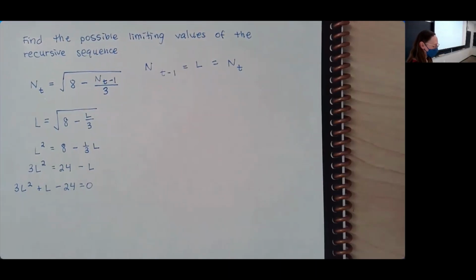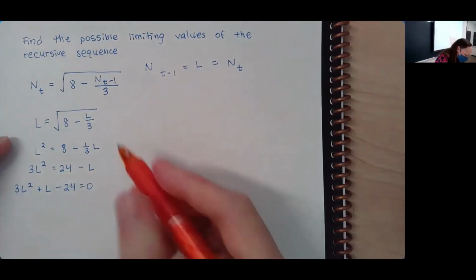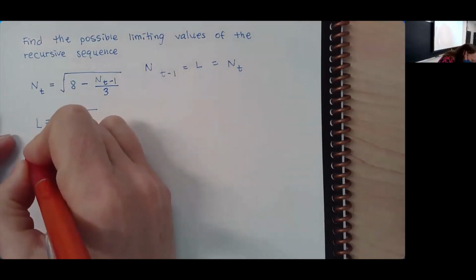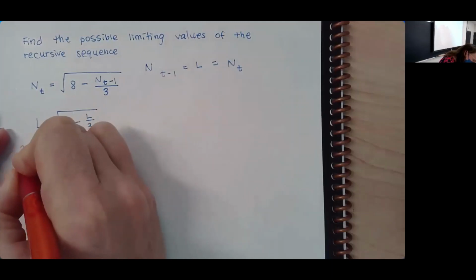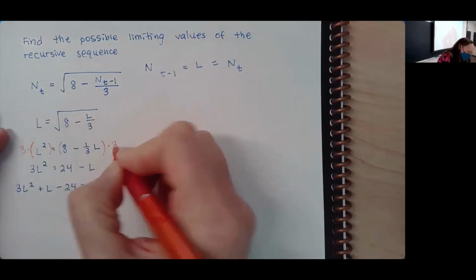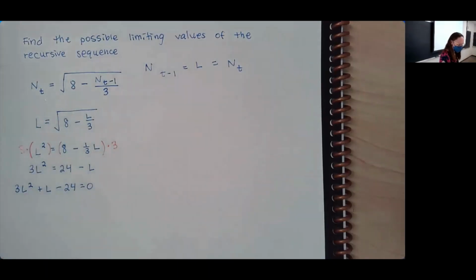How'd I do? Am I matching what you all have? Or I messed up somewhere, so call me out if something's wrong. But I've got L squared equals 8 minus L over 3. And at that point, I multiplied both sides by 3 and distributed that 3 through.